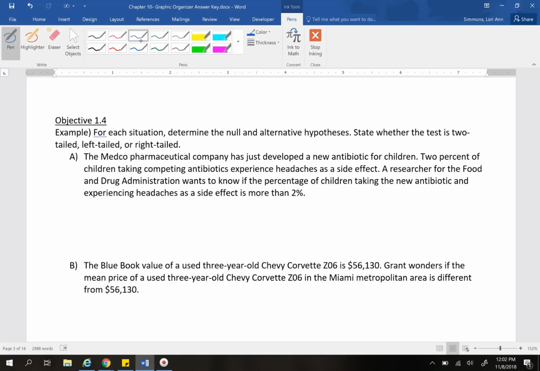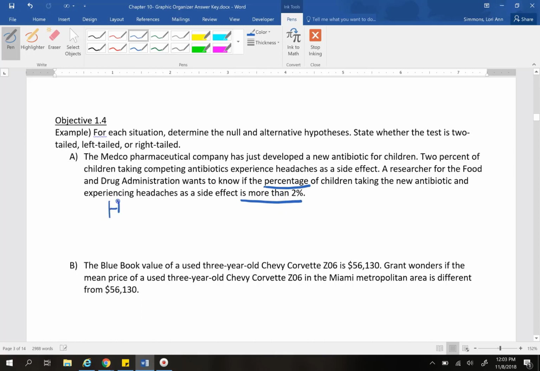A researcher for the Food and Drug Administration wants to know if the percentage of children taking a new antibiotic and experiencing headaches as a side effect is more than 2%. Okay, so it's some keywords. I'm seeing percentage and is more than 2%.